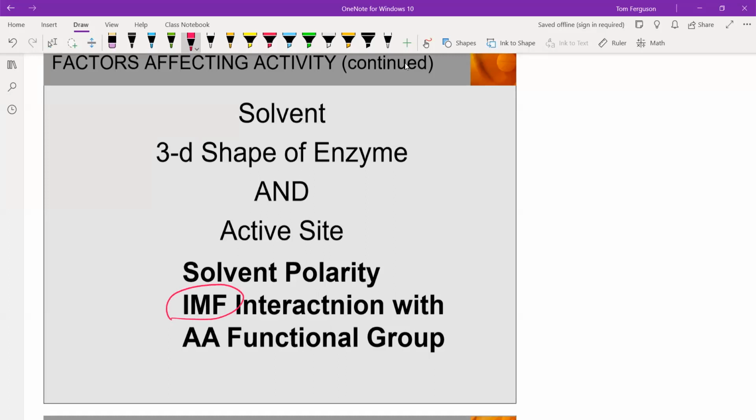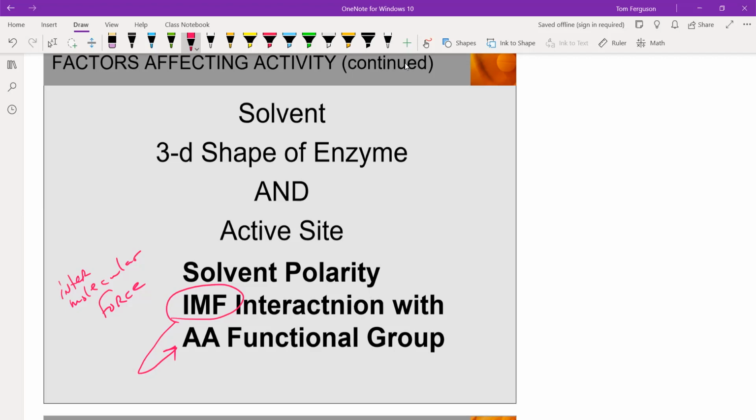You've got an intermolecular force. And that intermolecular force will interact with the amino acid functional group and will change the shape of the molecule, which also changes the shape of the active site.